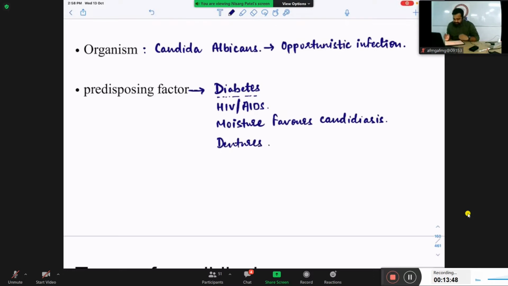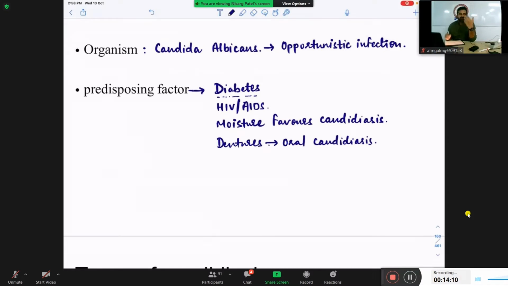If the patient is wearing dentures, it can easily cause oral candidiasis. In bronchial asthma, the patient takes a spray, not a nasal spray, the spray for bronchial asthma.